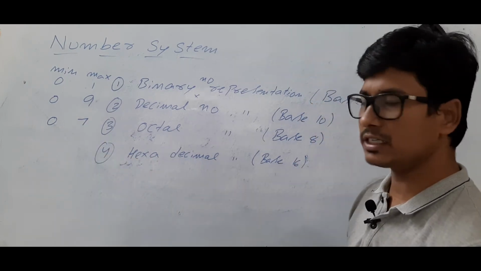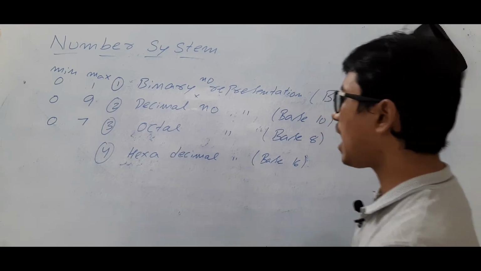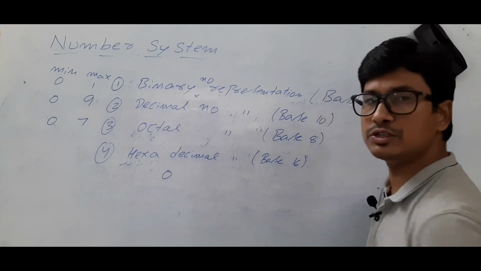When it comes to the hexadecimal number representation, the minimum element is 0.